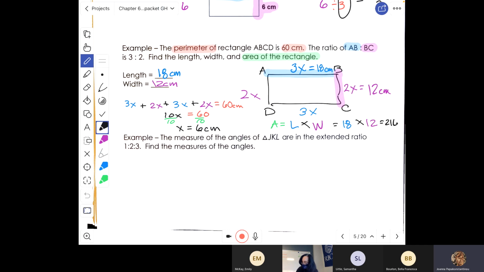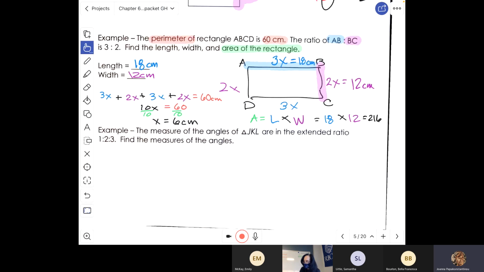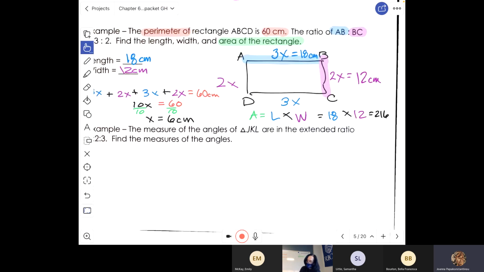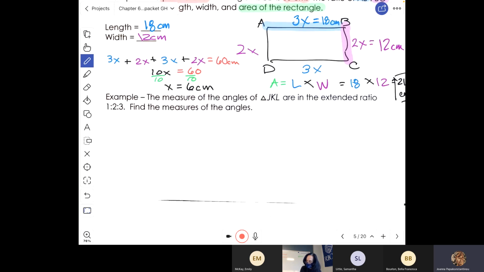Now, let me ask you this, because we want to write units of measure. What is the units of measure for area? So it's, in this case, centimeters squared, right? Good. All right, let's look at another example.